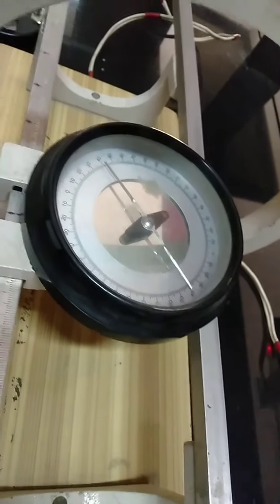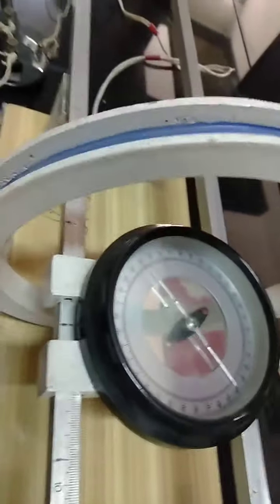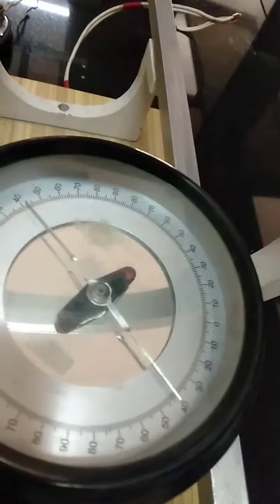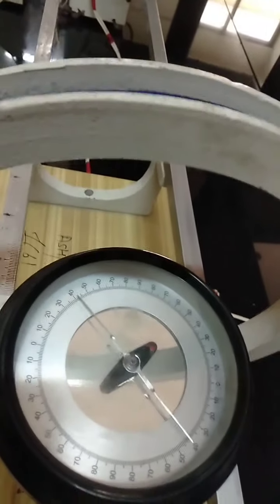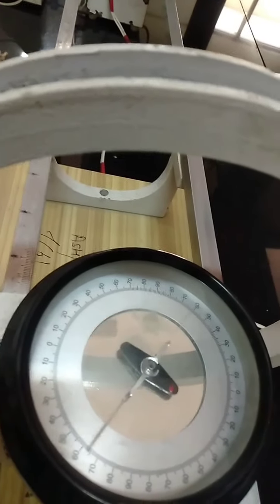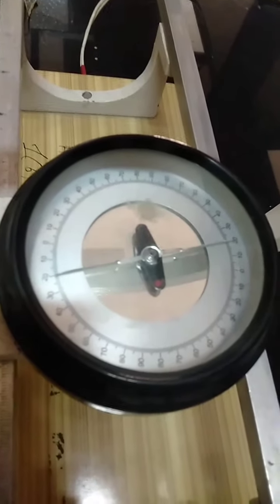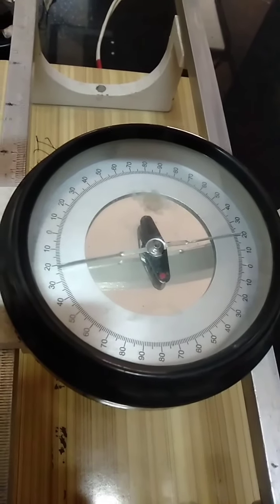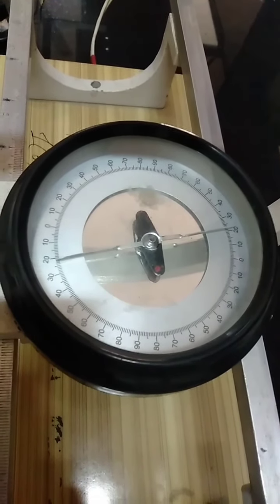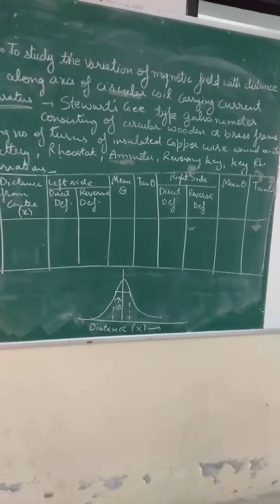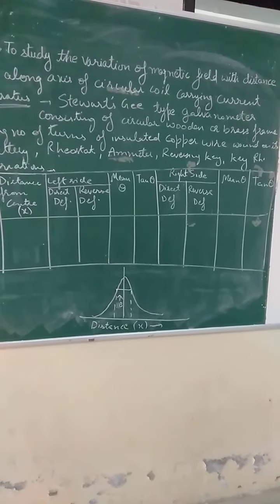Along with the values of tan, I can equate them in terms of theta. The mean of the first value and the reversing value is known as theta, and tan theta we can calculate. A graphical representation must be there, with the distance from center X on the left hand side and on the right hand side.